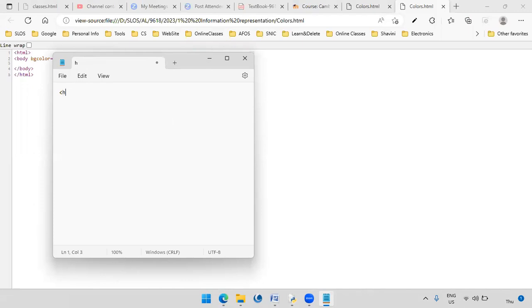And every opening tag should be closed like this with a slash in front. Then the body, which will show whatever appears on the screen, and to close it. And in between, inside the body, whatever you type.